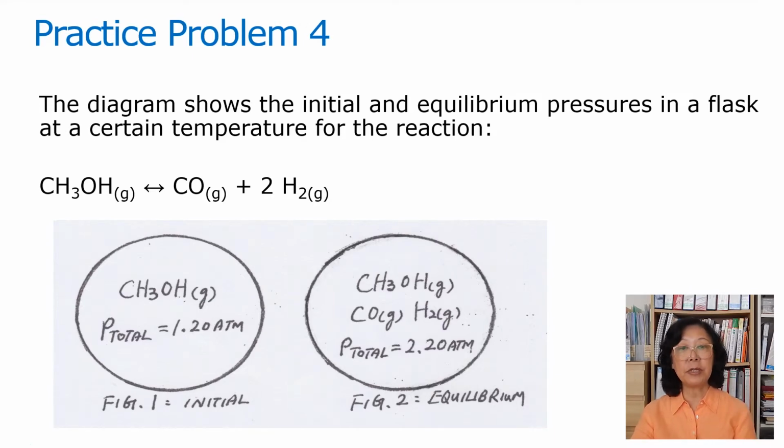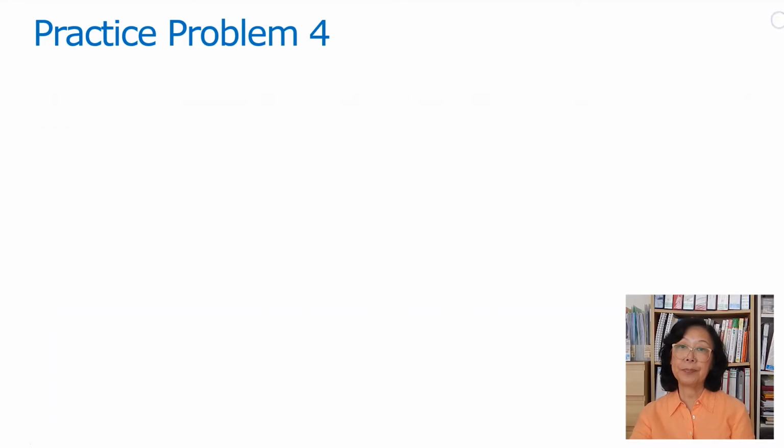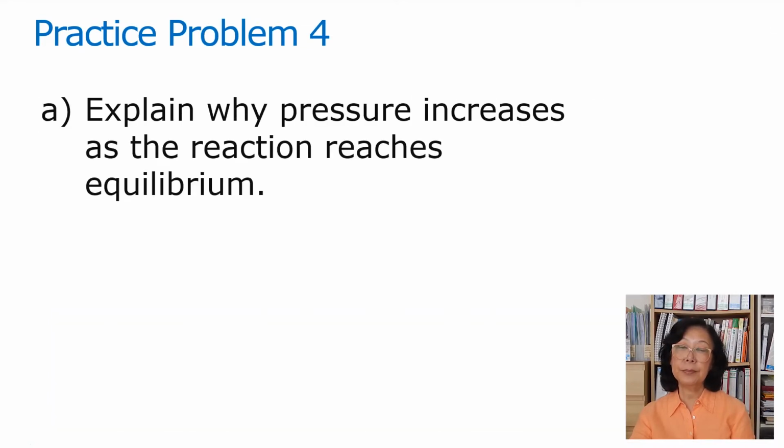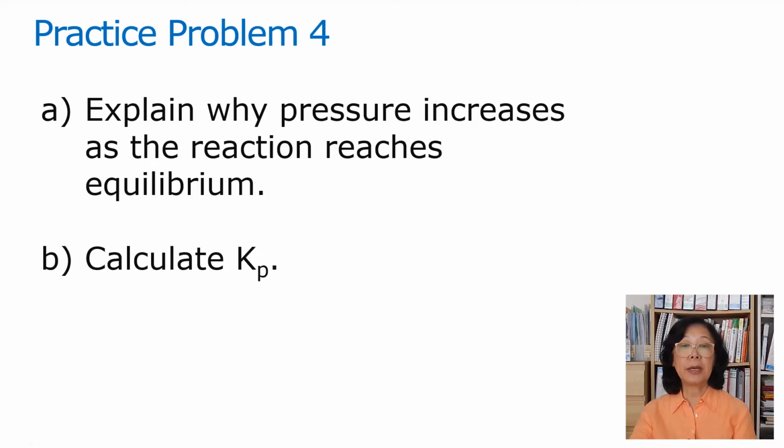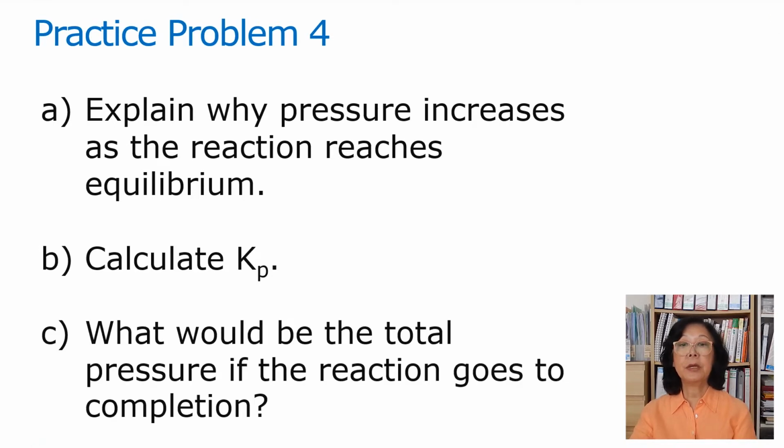Figure 1 shows the initial partial pressure of methanol, which is 1.2 atm, and then as equilibrium is reached, the total pressure in the flask with the reactant and the product is 2.20 atm. Explain why the pressure will increase as the reaction reaches equilibrium, and calculate Kp. What would be the total pressure if the reaction goes to completion?